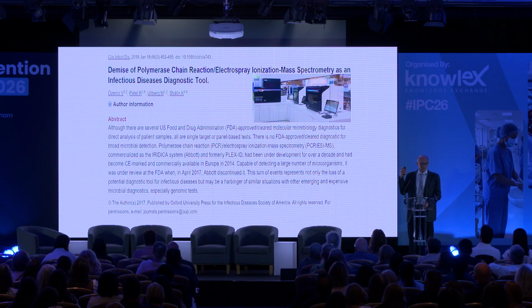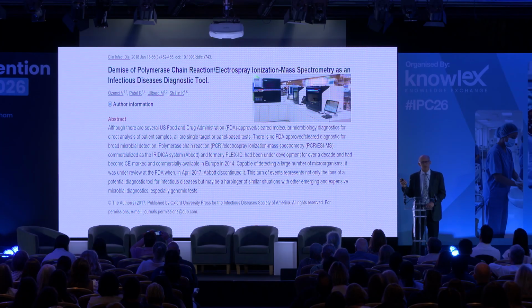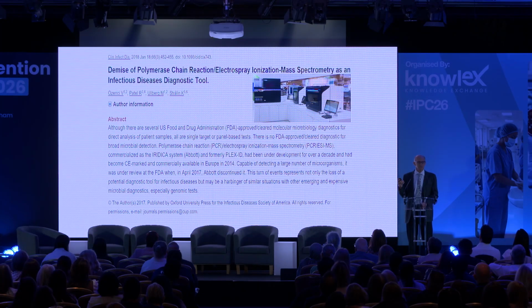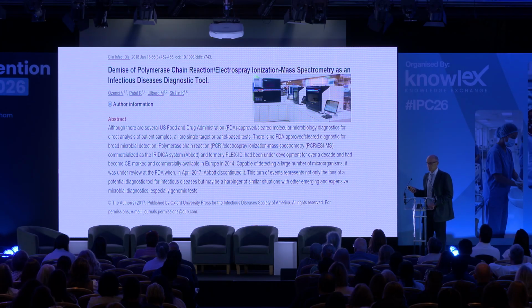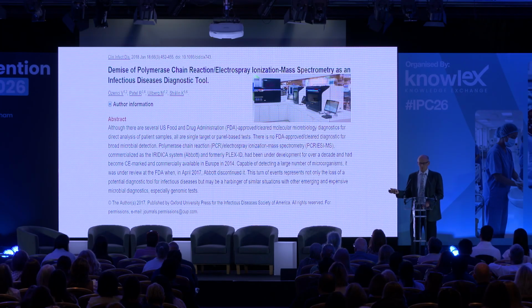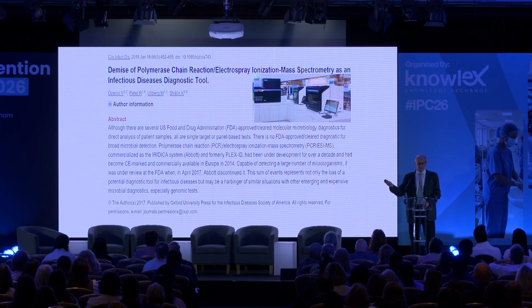This test was developed by one of the biggest diagnostic companies in the world, Abbott. It was released for 2 years, taken off the market because they realised it wasn't fit for release, altered, re-released, taken off the market after about 2 years because no one was buying it.